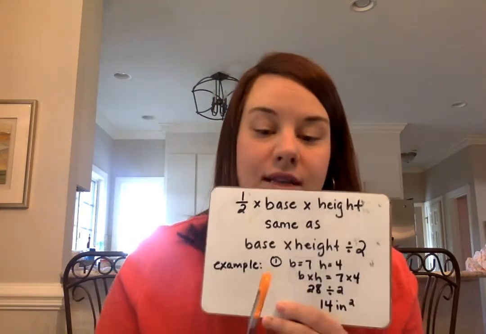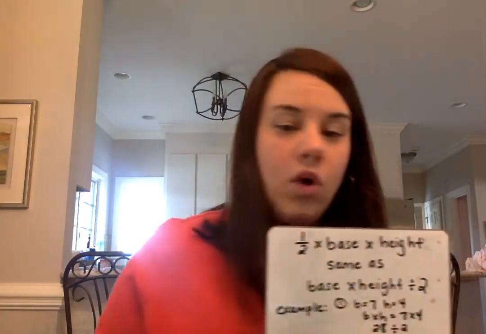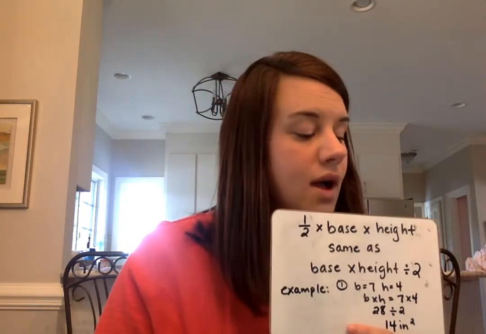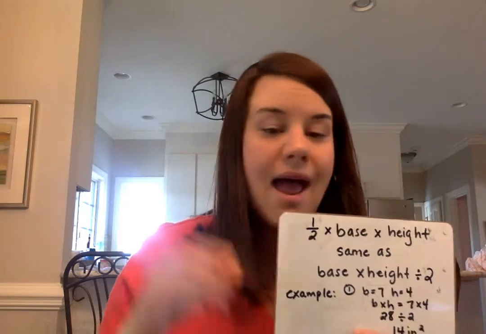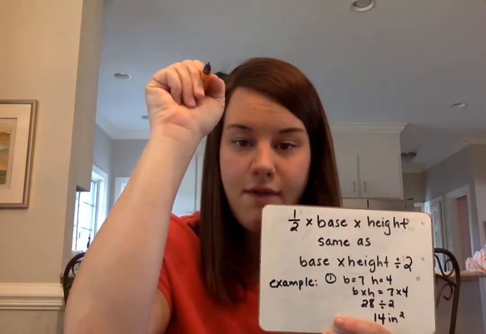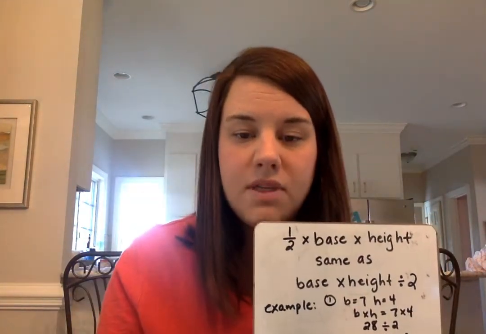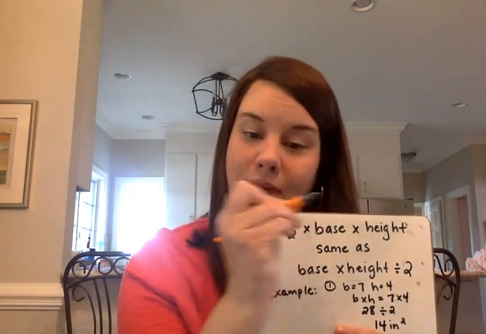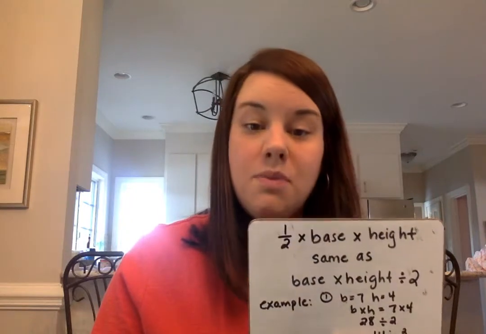So I have written down number 1 from workbook page 126 on the front. Number 1 has a triangle with a vertical line straight down from the top that shows you the height of the triangle, okay? And then you have a measurement along the bottom that tells you the base of the triangle.